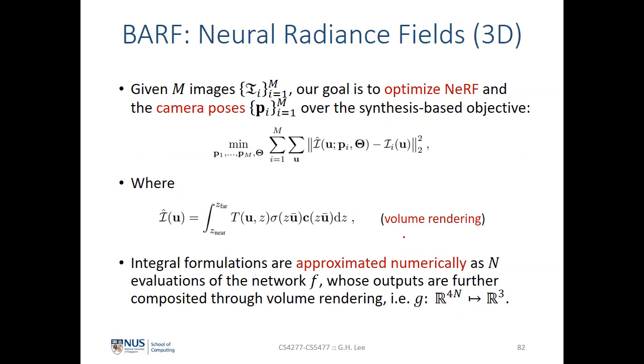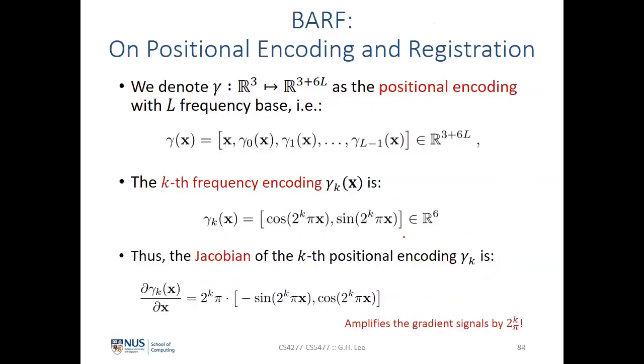Okay, so instead of minimizing the reprojection error, you are minimizing the photo consistency, between the rendered image and the source image from that view. And you can do this over multiple views. But there is one problem with this, because in order for NeRF to have high fidelity, you need to do the frequency encoding.